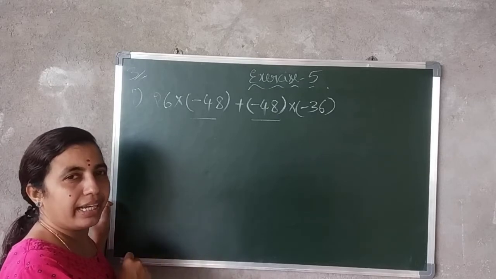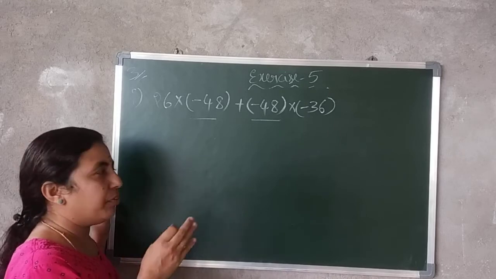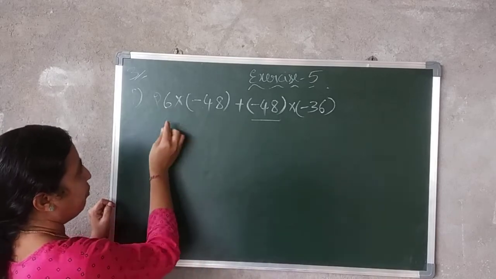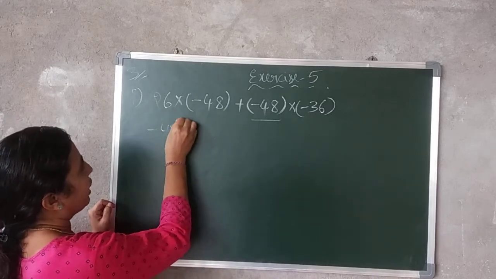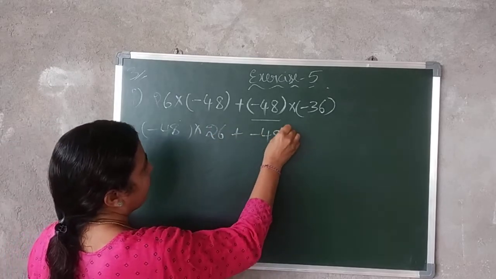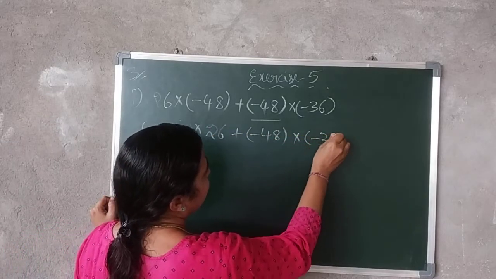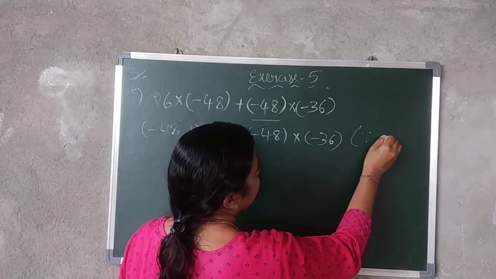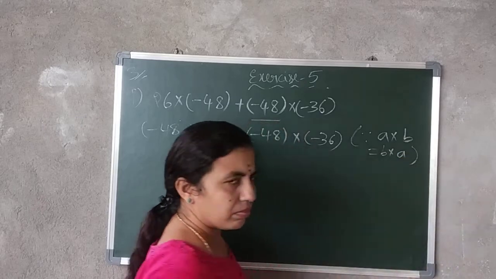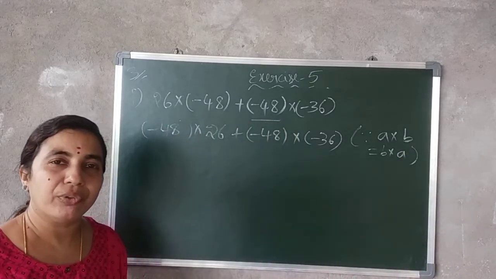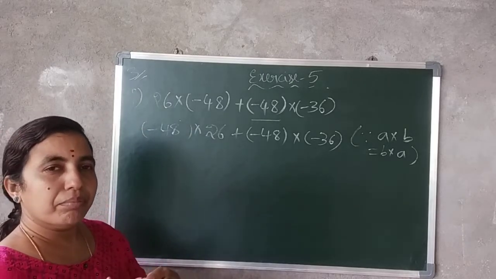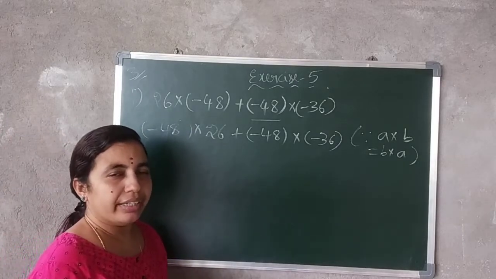So this can be written as, if you are getting confused, I will apply the commutative property. By the commutative property, this can be written as minus 48 into 26 plus minus 48 into minus 36, since A into B is equal to B into A. Integers are commutative under multiplication.